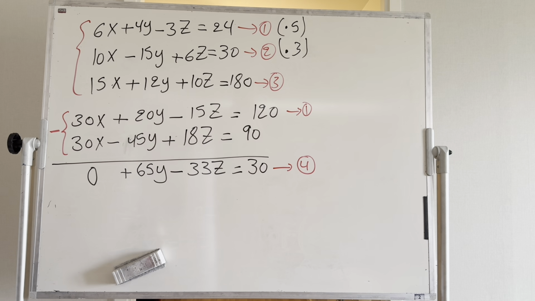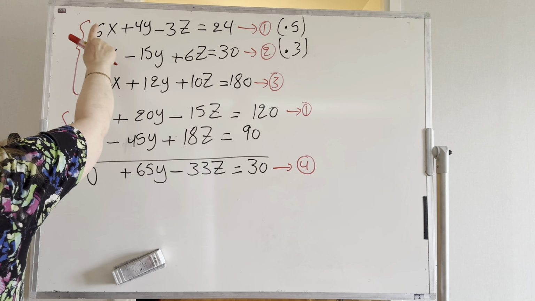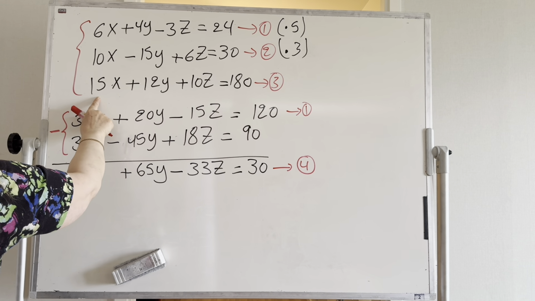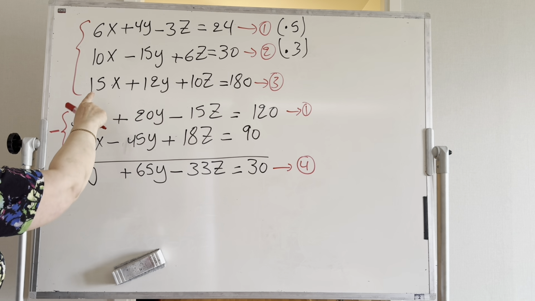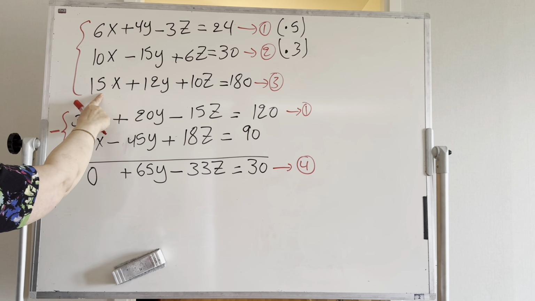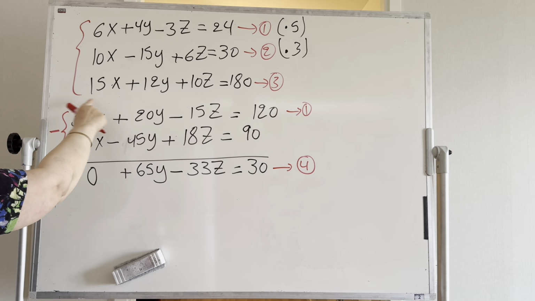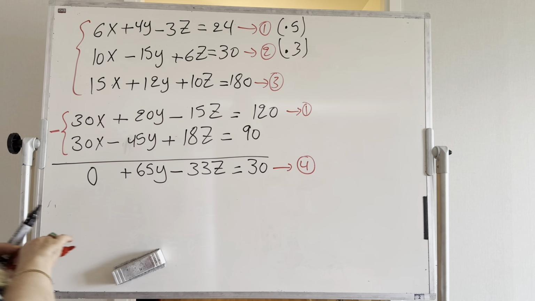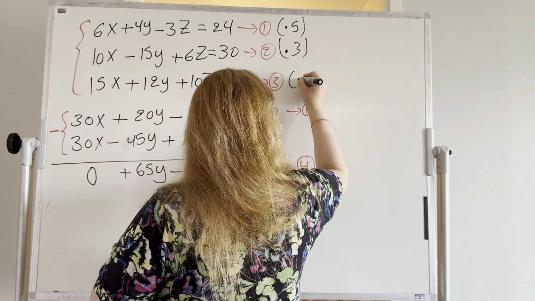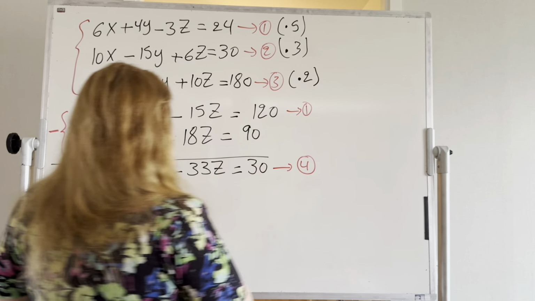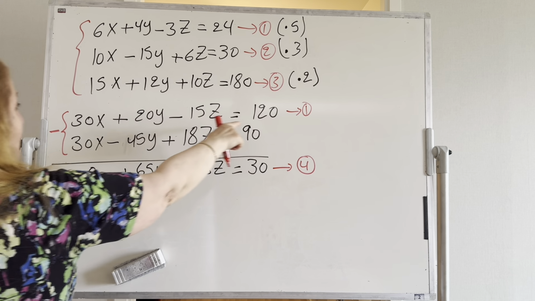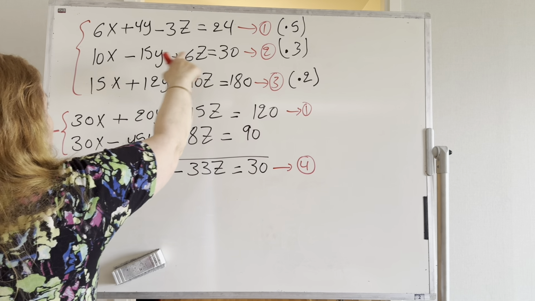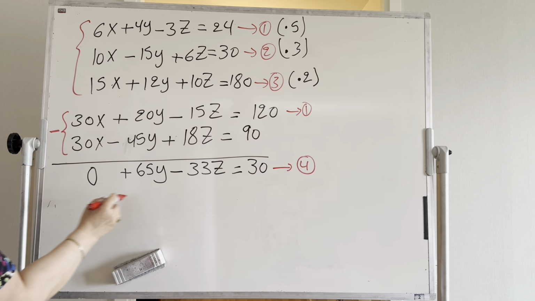Then I will work with the first equation and the third equation, and I want to eliminate x, so I need to multiply the third equation with 2. I will write the first equation. I don't need to multiply it again with 5, so I will write it.